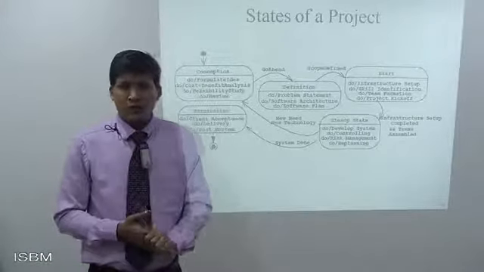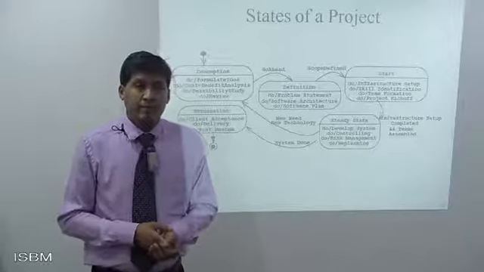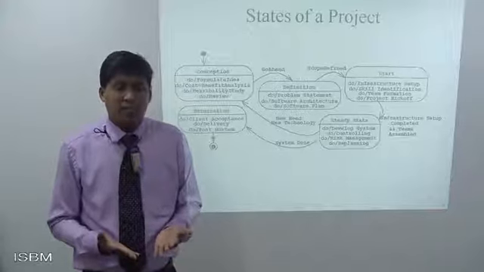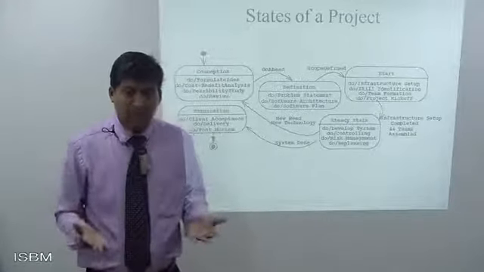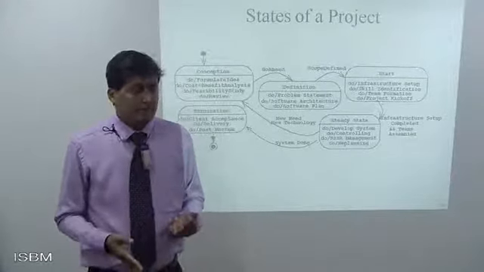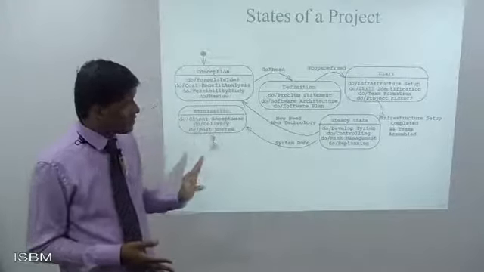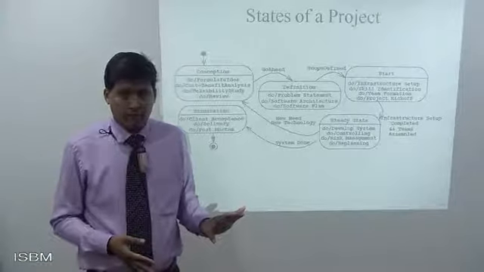We all know that not every project goes to completion. Certain projects need to be aborted or can be aborted, terminated. At what point of time it will start? These states need to be very well defined for a project.